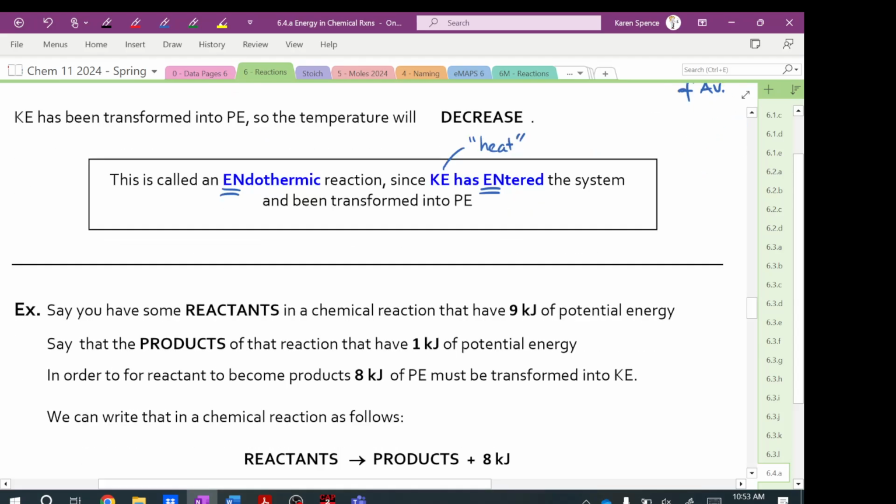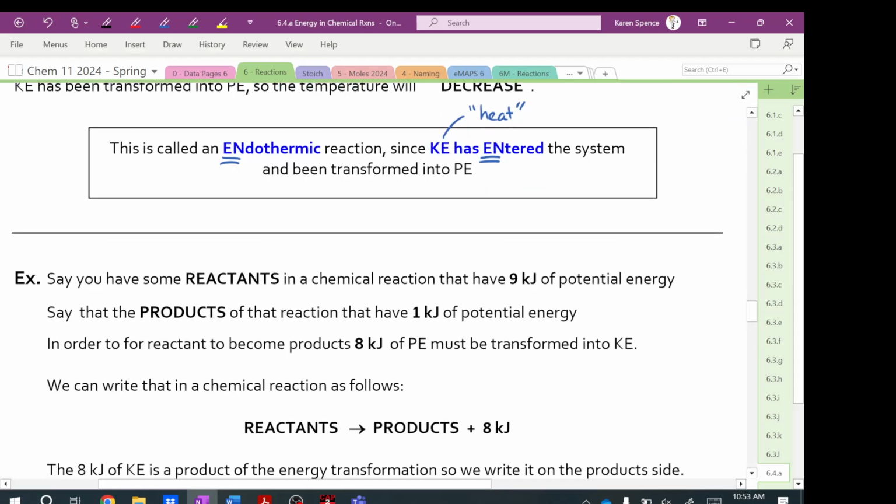Now let's say that you have some reactants in a chemical reaction, and these reactants have 9 kilojoules of potential energy. Your products have 1 kilojoule of potential energy.